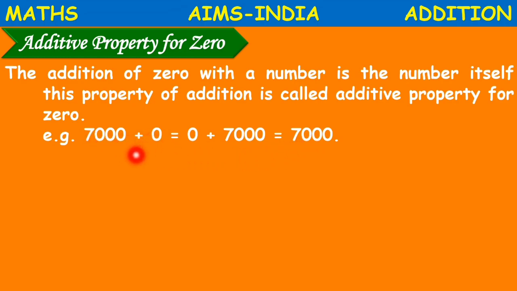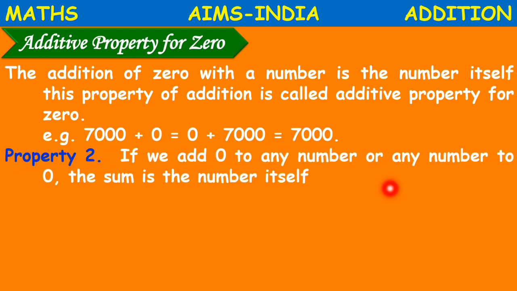Whenever we add 0 to a number or a number to 0, like 7000 plus 0 or 0 plus 7000, however we add, the answer will be the same, which is 7000. This is called our additive property of 0. If we add 0 to any number or any number to 0, the sum is the number itself.